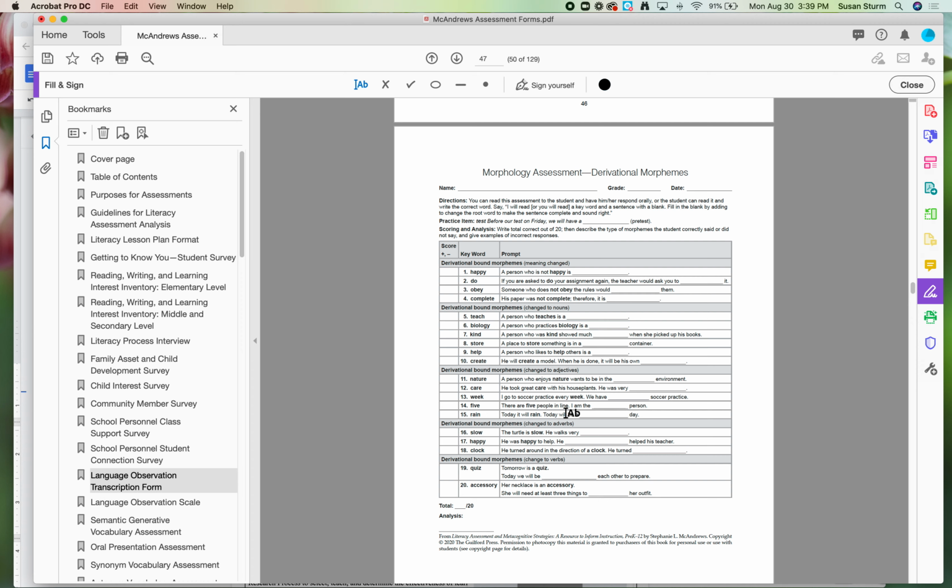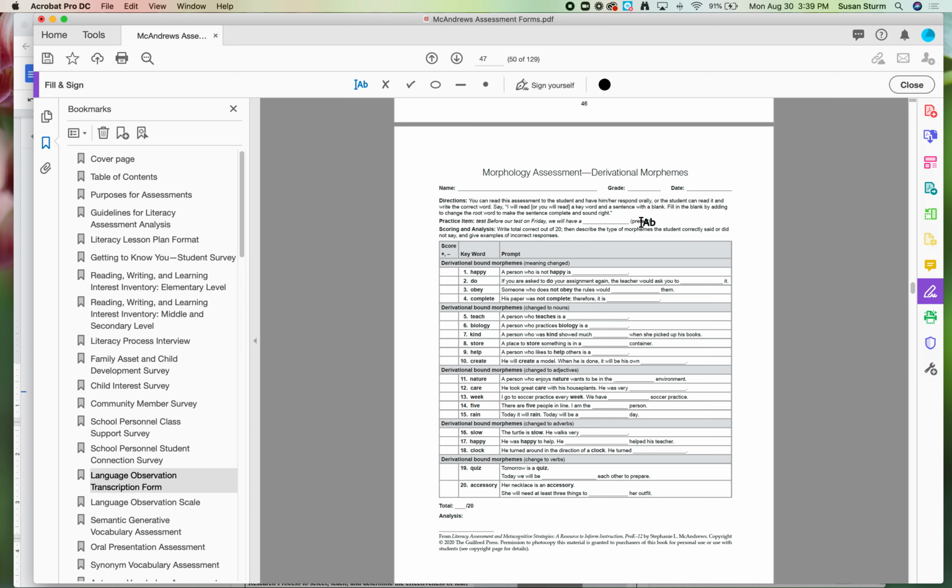Teacher will say, I will read a keyword in a sentence with a blank. Fill in the blank by adding to or changing the root word to make this sentence complete and sound right. And luckily for these two assessments, it has exactly what you need to say at the top. Then you would give the practice item, which is test. Before our test on Friday, we will have, and the correct word is pretest.